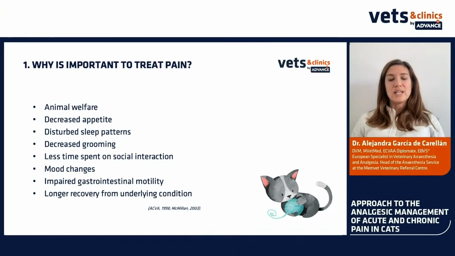And also in people, it's been reported longer recovery from the underlying condition and more days of hospitalization. So this is really, really important for us as vets, and also for the owners and for our patients. So treating pain is really, really important.